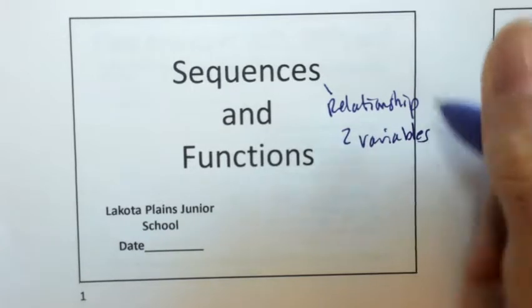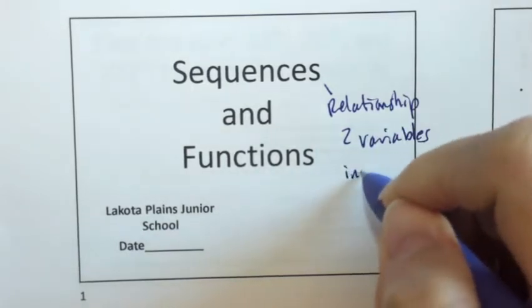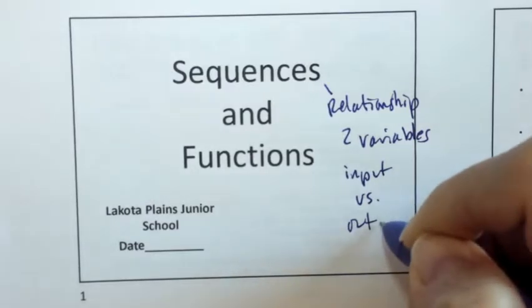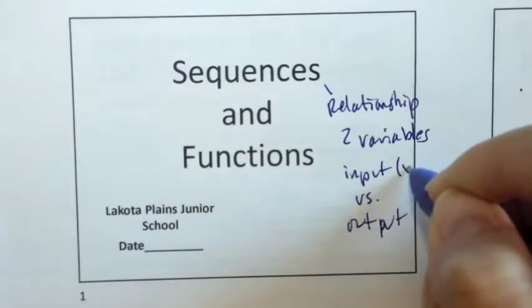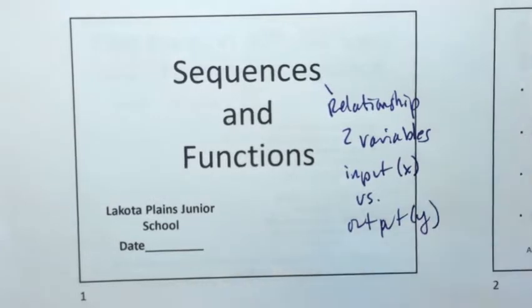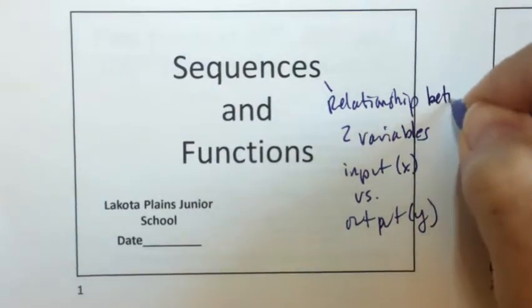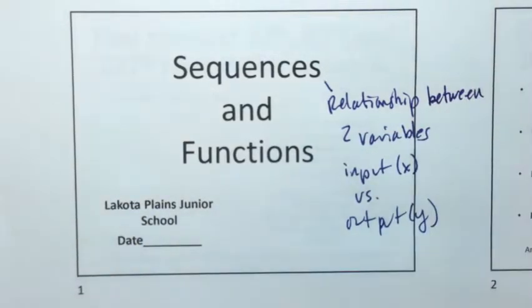The variables we're usually talking about are an input variable versus an output variable, in other words, an x versus a y. So it's a relationship between two variables, between two unknown things, and they can vary. As one changes, the other one is going to change.